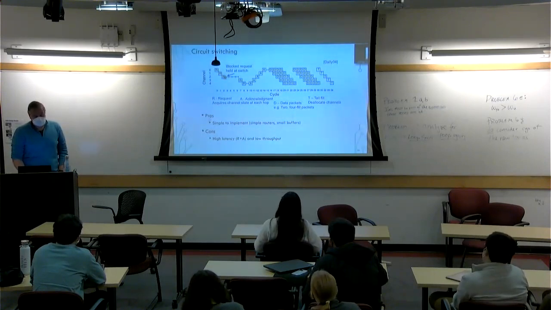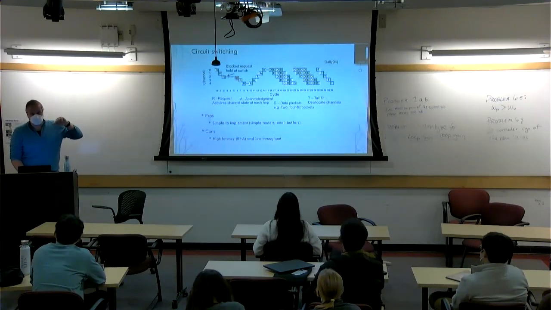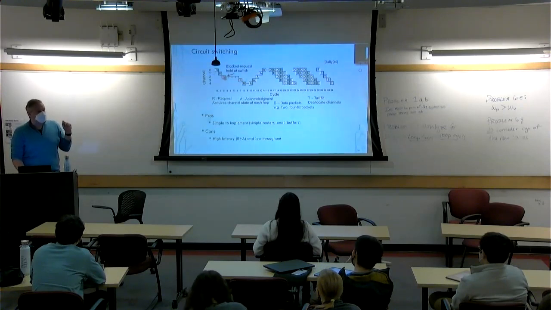So you make it through 3 channels, and let's say the 4th channel is blocked. You got to wait for that channel to clear up, someone else to kind of finish their phone call. Then you make a request to reserve that channel, part of the channel, and you make it then all the way through. The good news about circuit switching is that even though we had to wait here, the request is not lost.